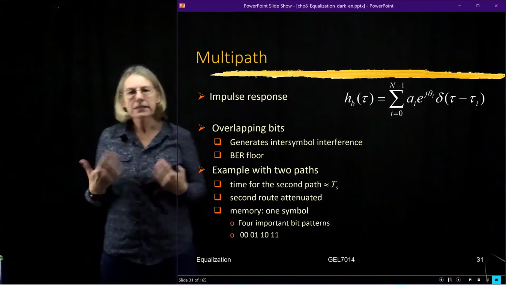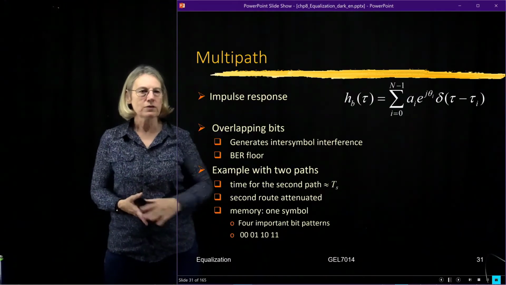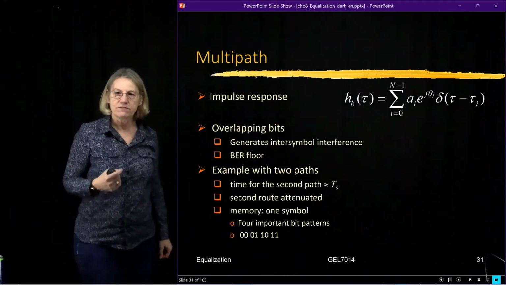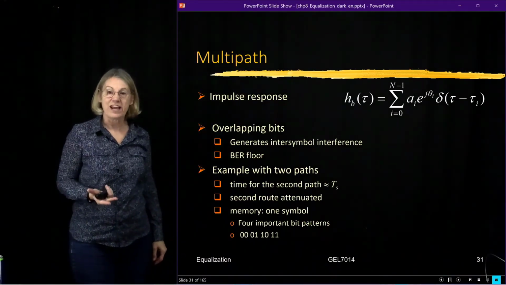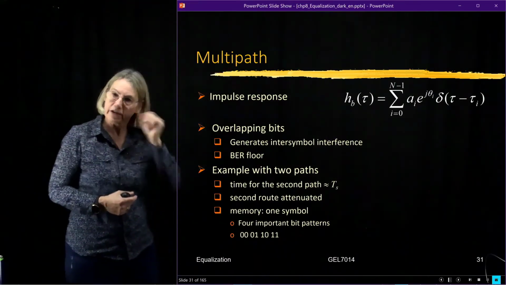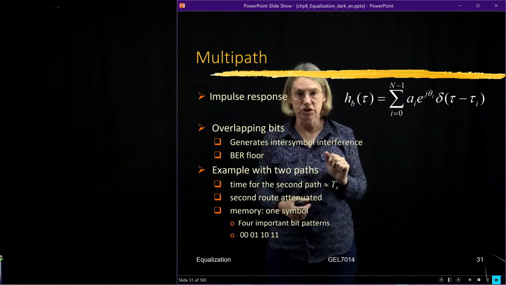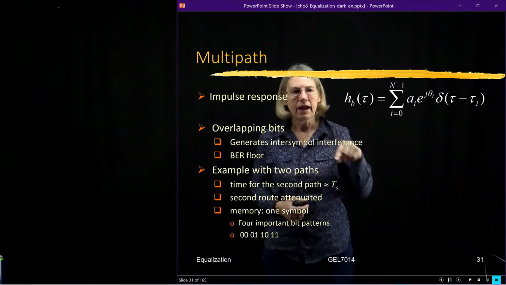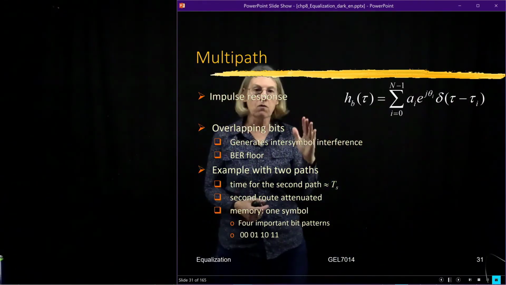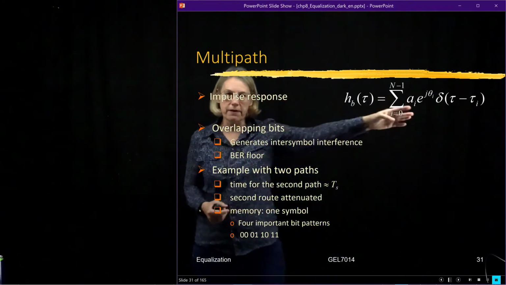So I like the multipath example because it makes it easier for us to interpret what's going on in the time domain with this representation of the impulse response of the channel. Okay, so the impulse response for a multipath channel is very intuitive. I can write over here that it's basically a bunch of delta functions. I have a bunch of paths, and each one is delayed by a certain time. And so because of this time delay, I'm getting copies of exactly the same pulse, but repetitions separated by this amount.